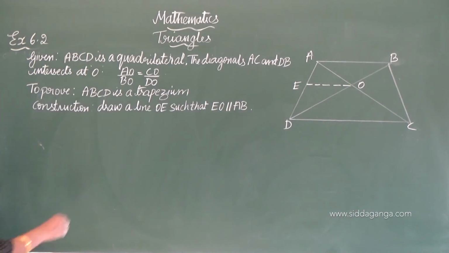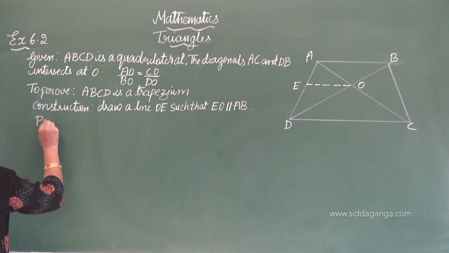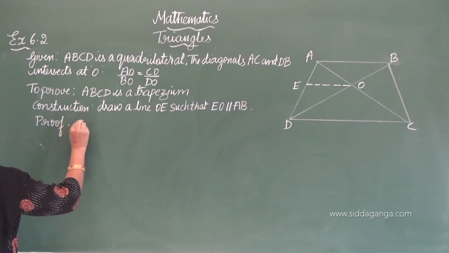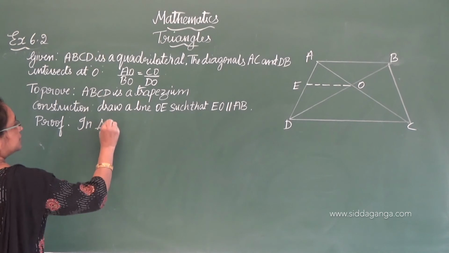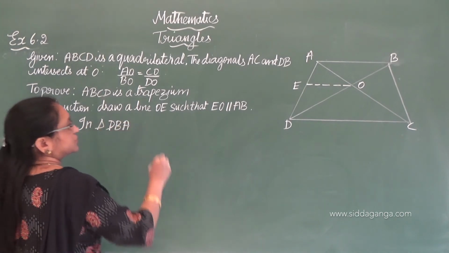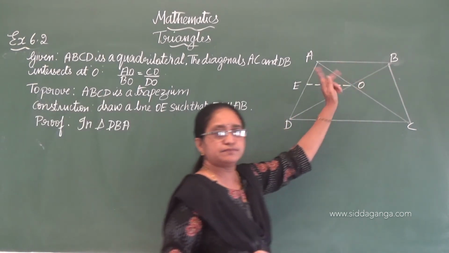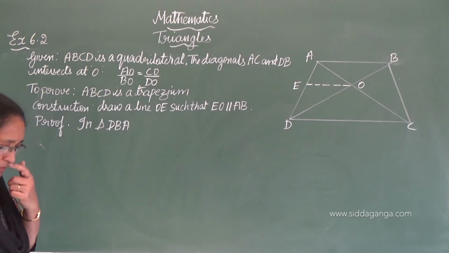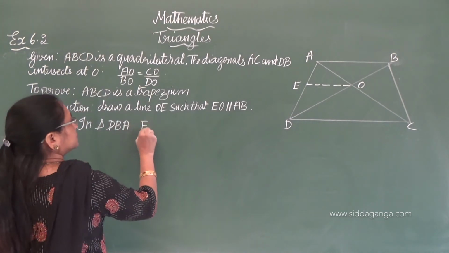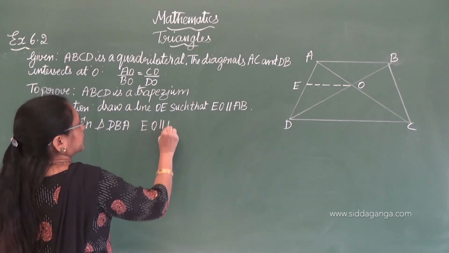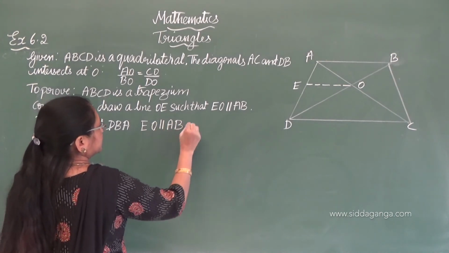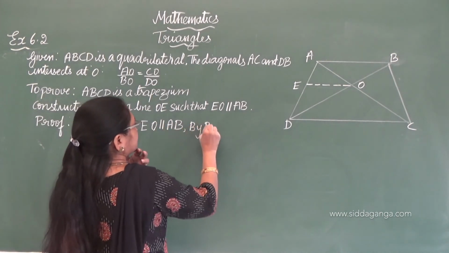So let us take proof in triangle DBA. Observe carefully in triangle DBA. Now EO is parallel to AB. So by BPT, what can we write?